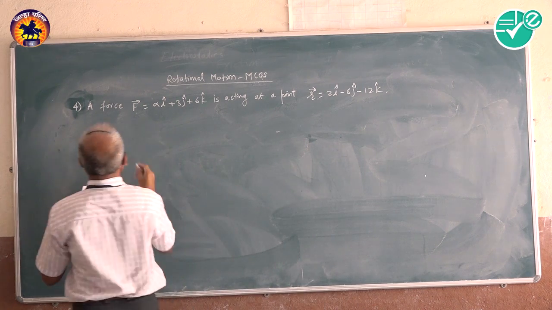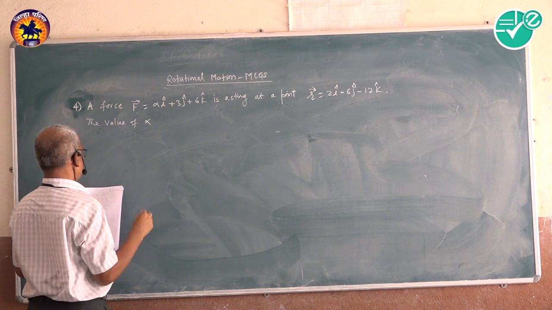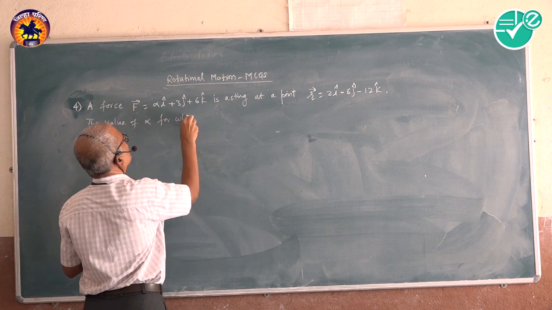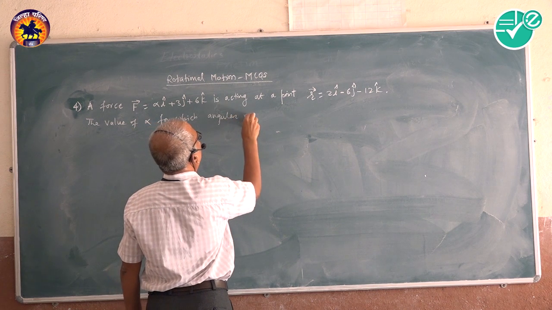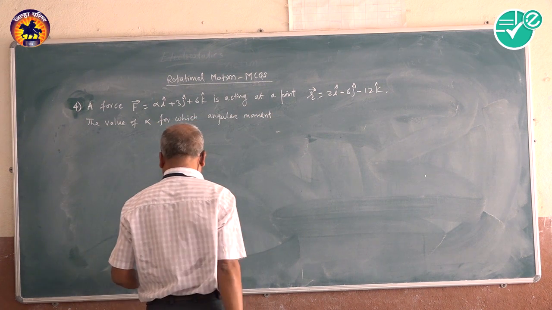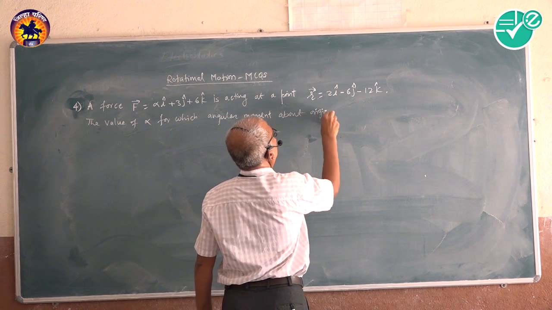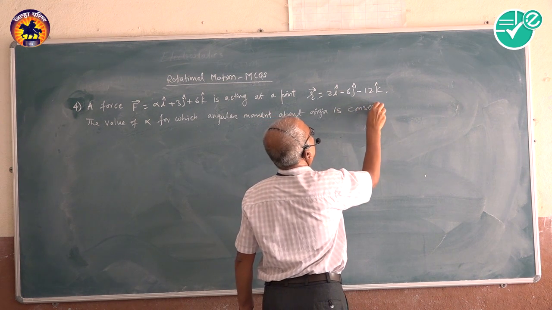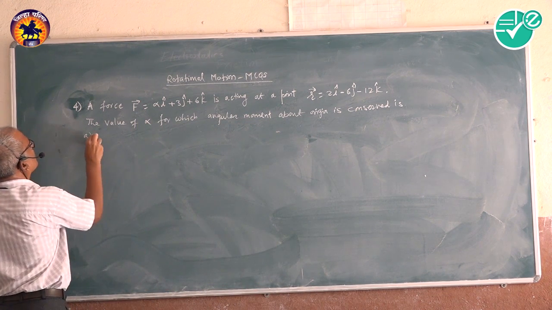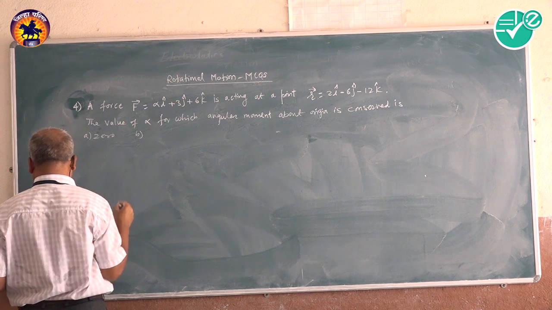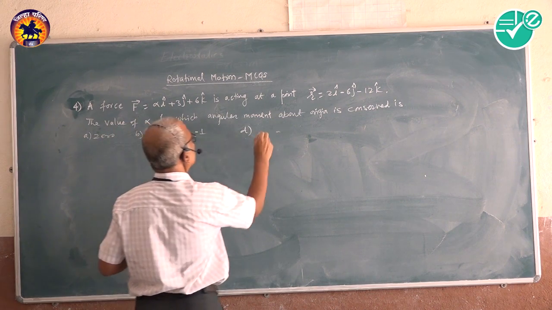The value of alpha for which angular momentum about the origin is conserved. The options are 0, 1, minus 1, and the last option is 2.